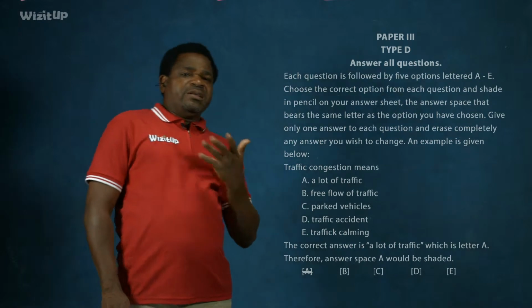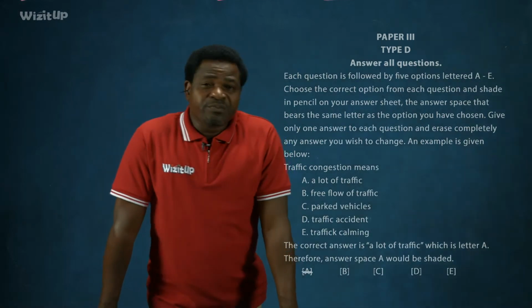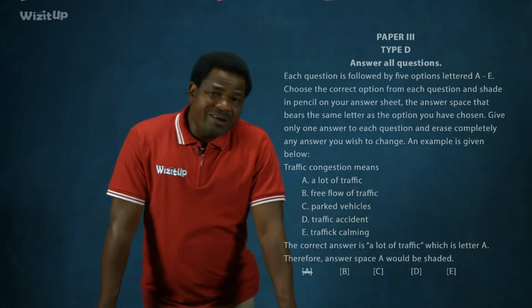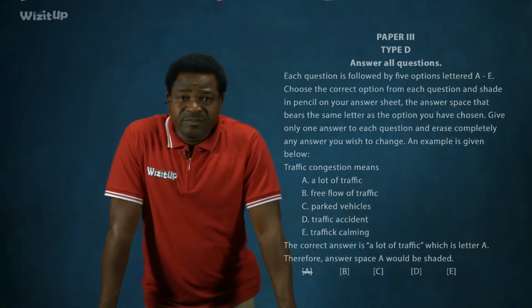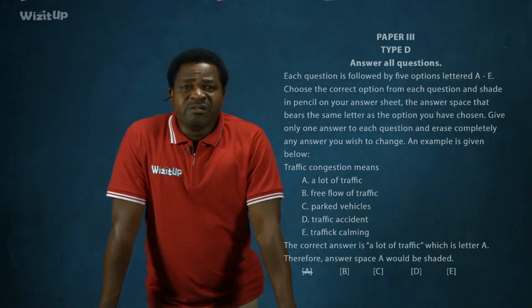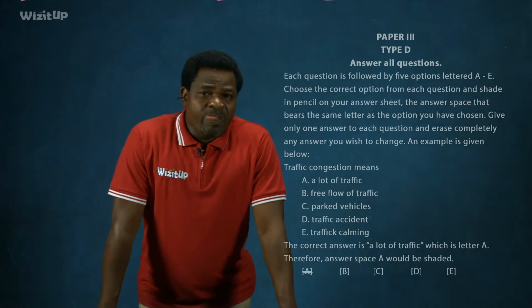May I, at this point, try to distinguish for you between a correct answer and an appropriate answer? Times there are when certain answers will be correct but not appropriate. Okay?